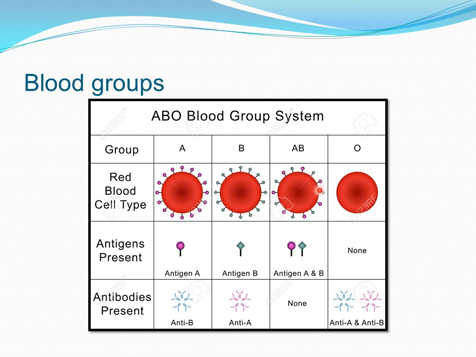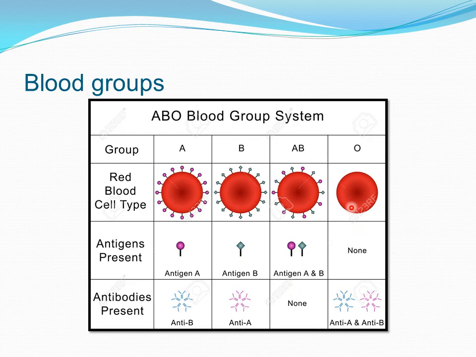Whereas blood group AB has both antigen A and B. These are the structures of antigen A and B present all over the surface of the RBC, and no antibodies are present here.